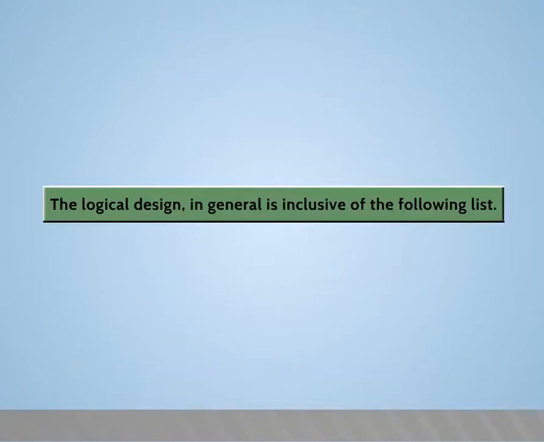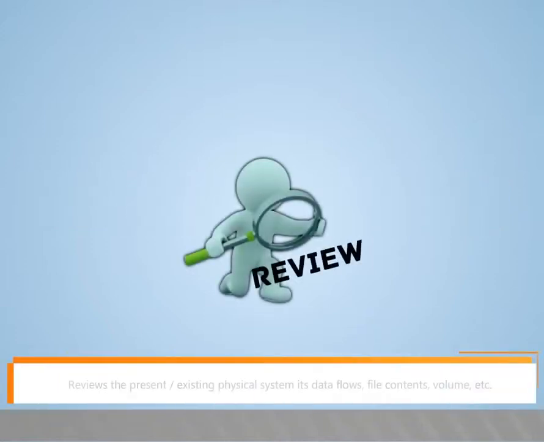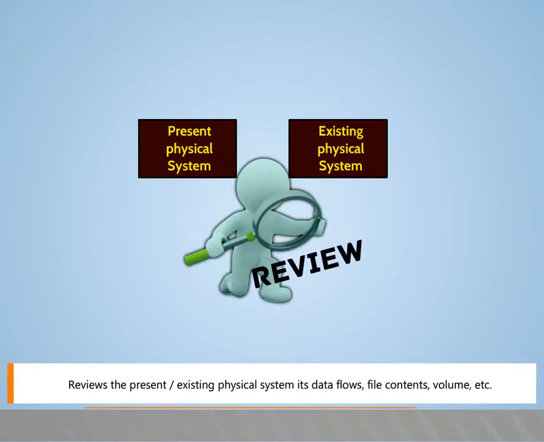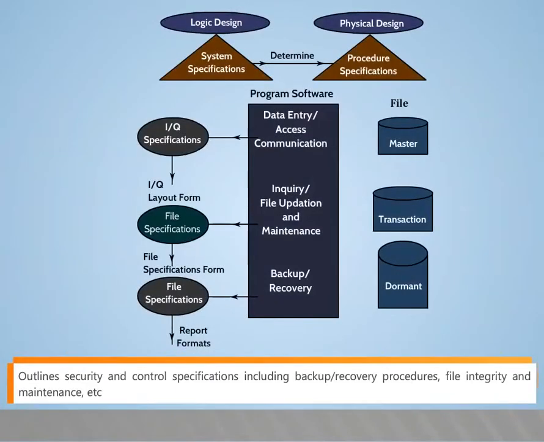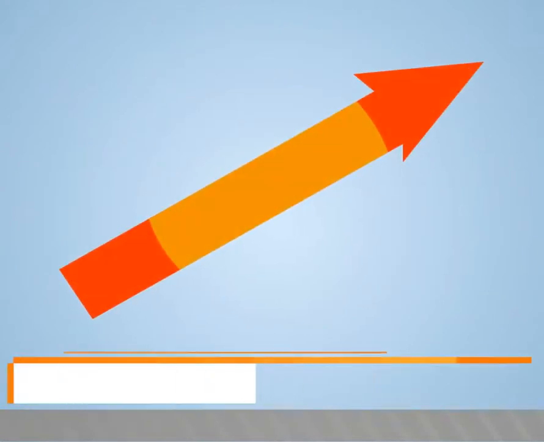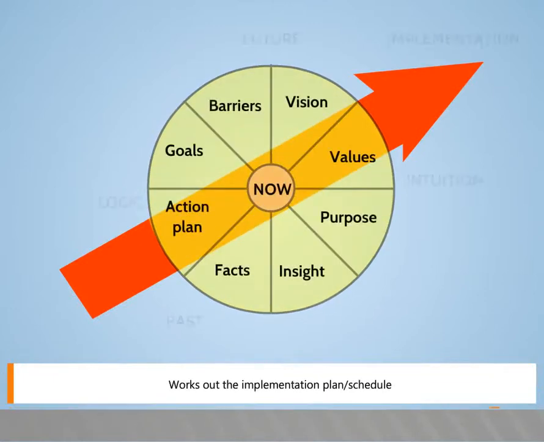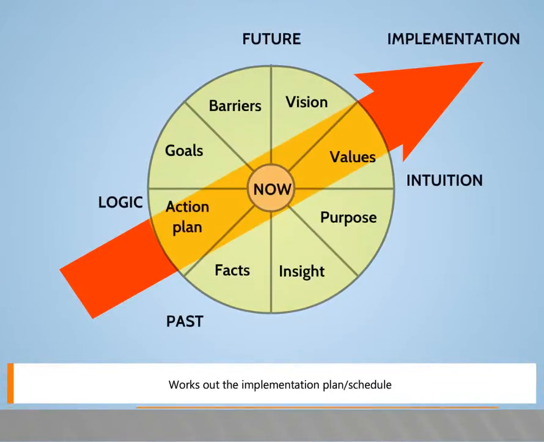The logical design in general is inclusive of the following list. Review the present or existing physical system, its data flows, file contents, volume, etc. Outlines security and control specifications including backup or recovery procedures, file integrity and maintenance, etc. Works out the implementation plan or schedule.